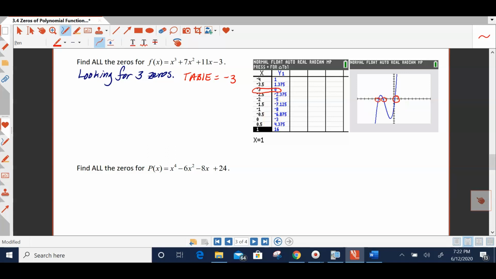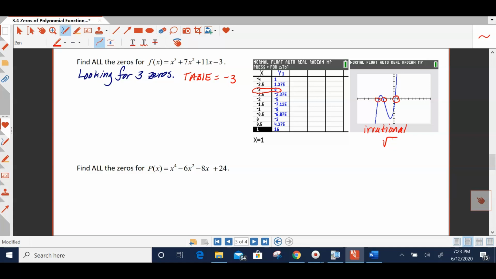Why do the other ones not show up on my table? It's because they're irrational. What do I mean by irrational? These guys will end up with square roots, which probably tells me I'm going to need to use the quadratic formula. But I've got enough information.